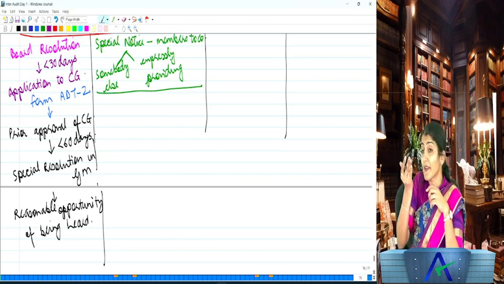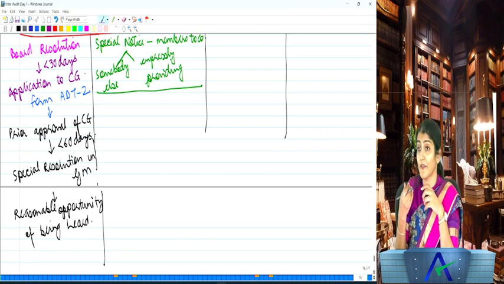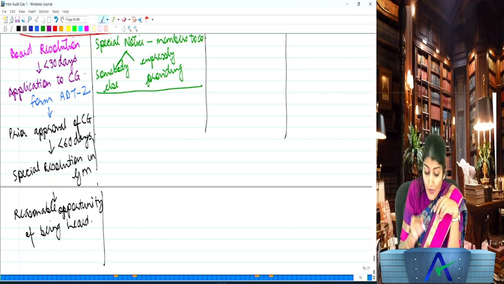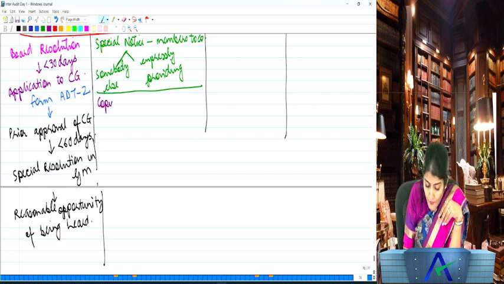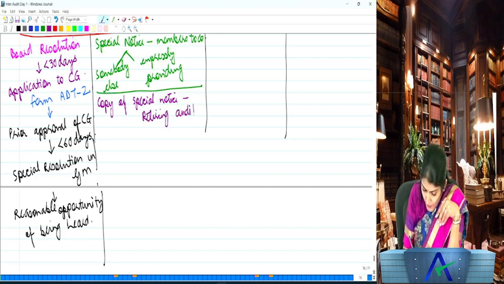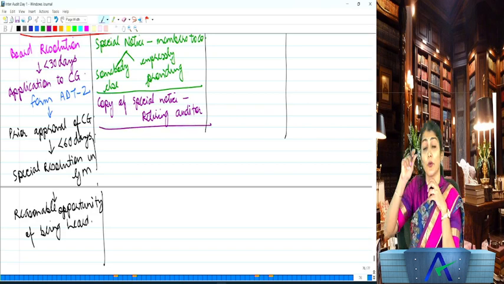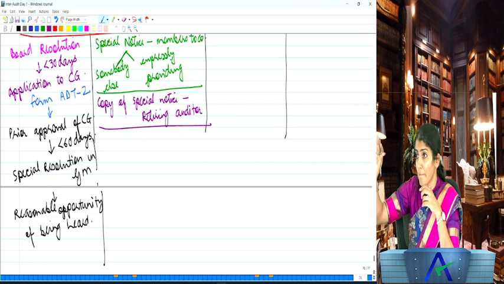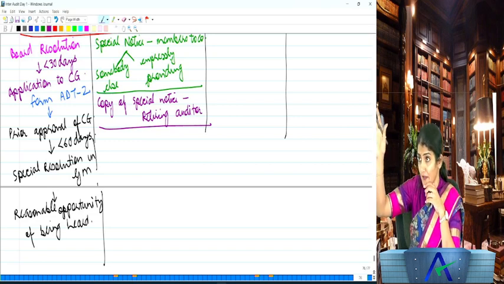Now, special notice is received by the company. What notice have they received? There is a change of auditor which is to be done. So what does it say? A copy of the special notice is to be sent to the retiring auditor, at least 21 days before the AGM.